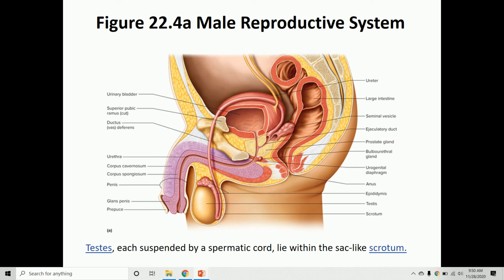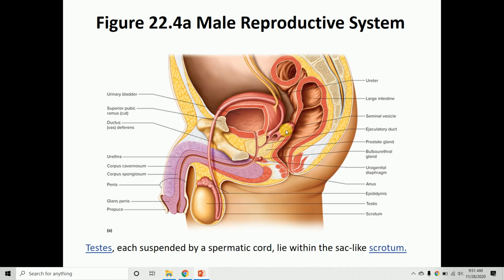Here you can see the different parts of the male reproductive system where, again, the testis is suspended outside of the body in a sac known as the scrotum. You can find the epididymis that is superior and posterior to the testis, followed by this tube-like structure known as the vas deferens or the vas deferentia, so the ductus deferens.